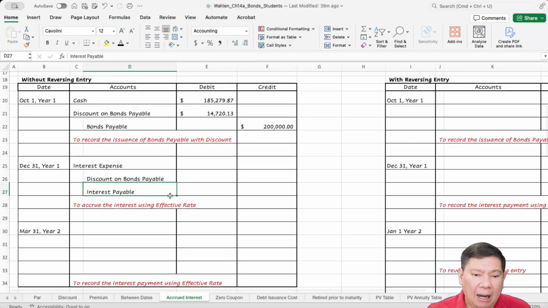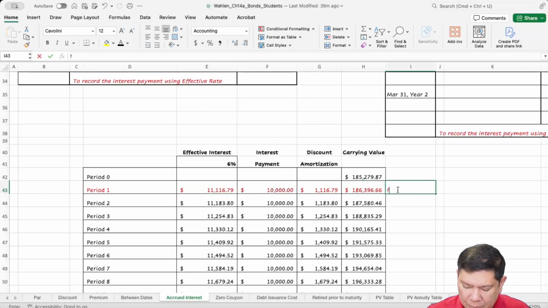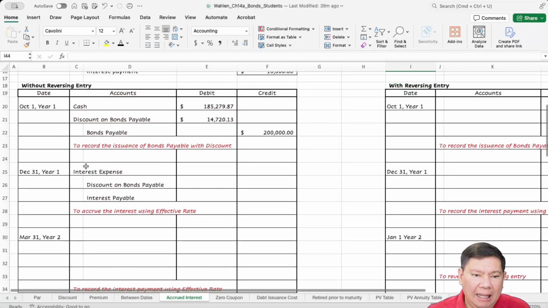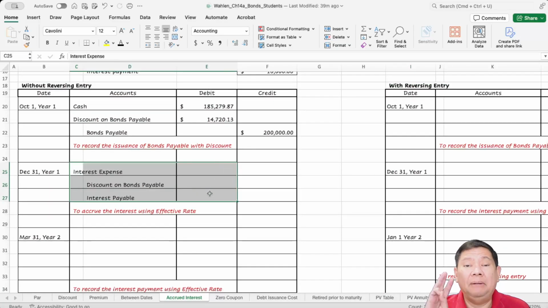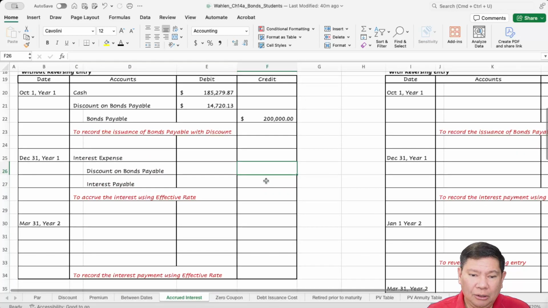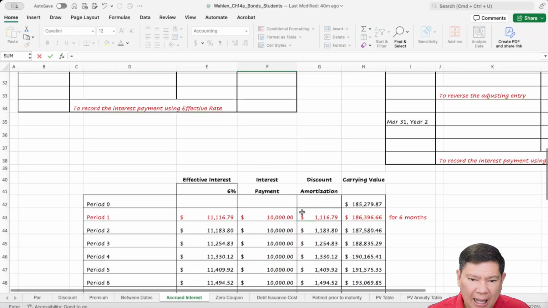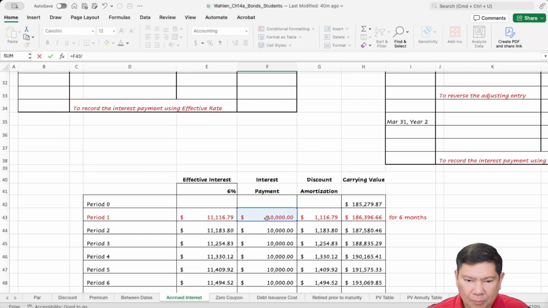Okay, but our schedule here is for 6 months. Our journal entry here is for 3 months. So we have to adjust the amount. So the interest payable would be half of the 10,000.